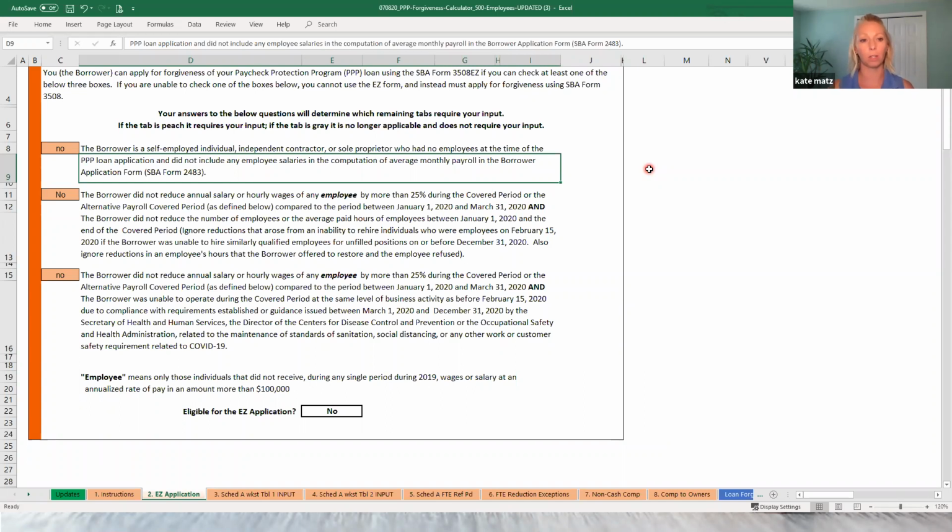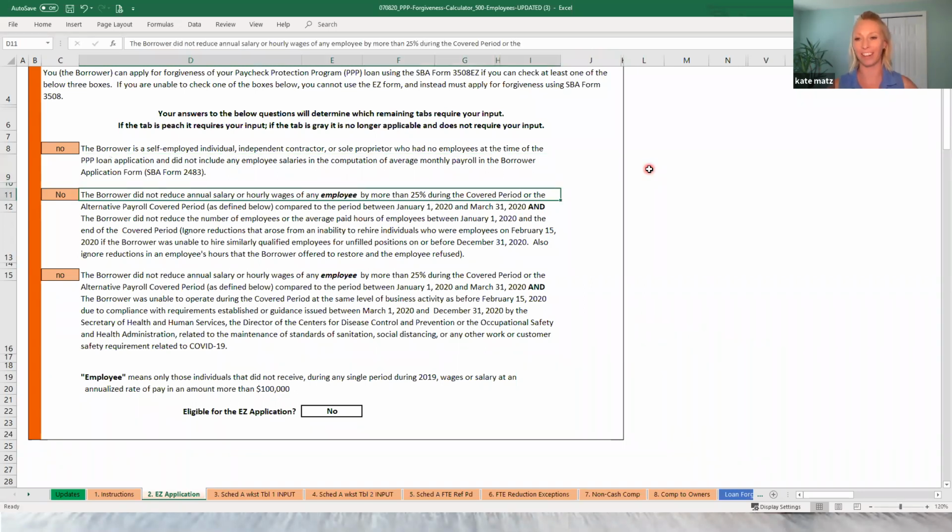The first one is for folks that were self-employed, independent contractors, didn't have any employees when they applied for the loan. So think about your folks that the information flows through their Schedule C on their tax return. Obviously, if you don't have any employees, you're not going to have any reductions in compensation or FTEs, so you're automatically in.